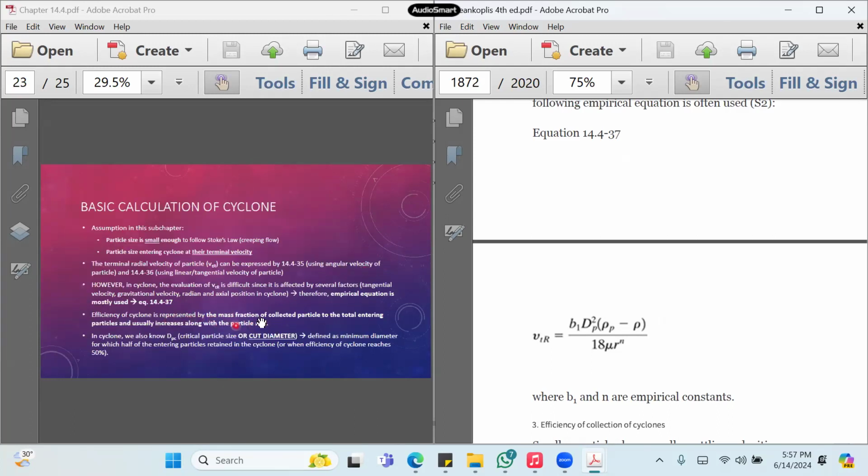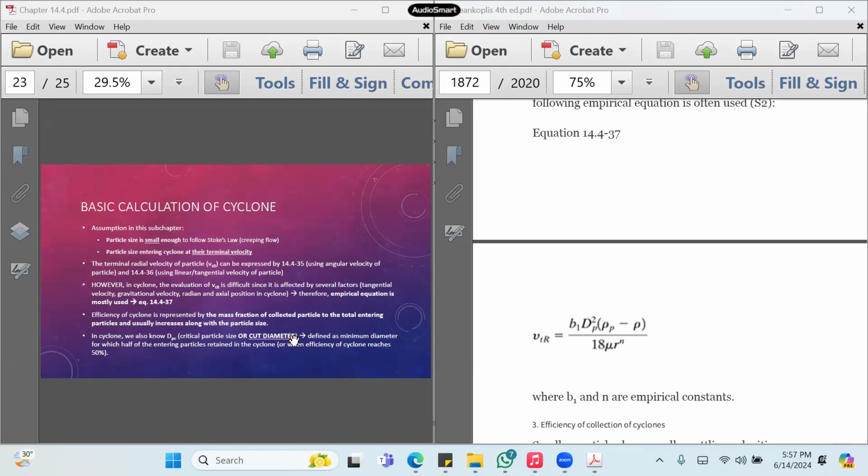Cyclone will also have what we call DPC, or critical particle size or cut diameter. It's similar to what we've learned previously in centrifugal settling.